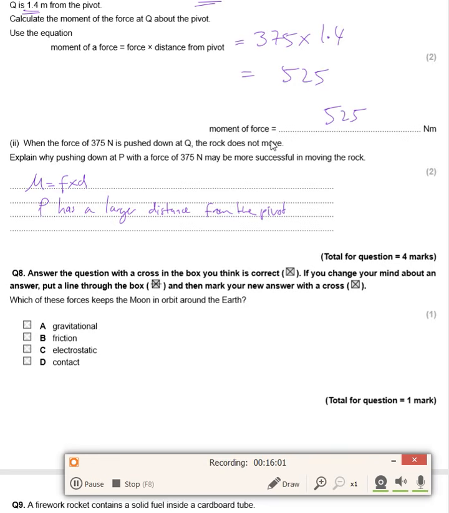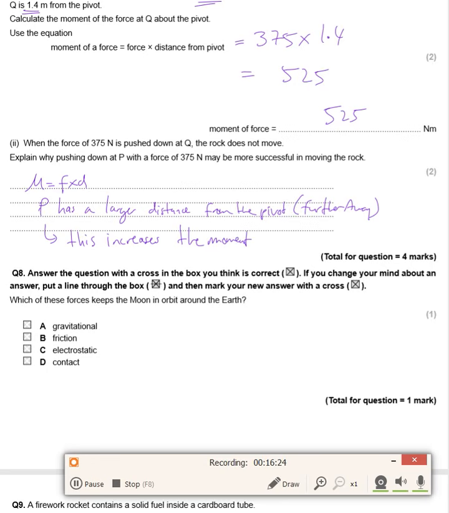So it is further away. So this means that the moment would also be larger. So therefore, this increases the moment.